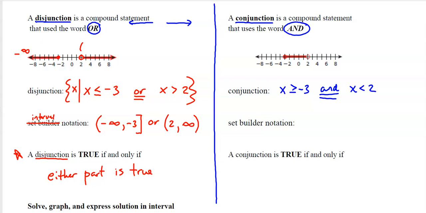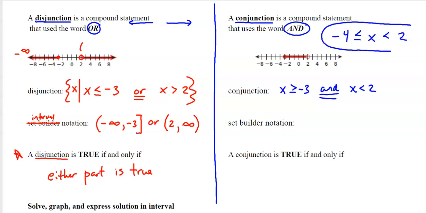So it's almost the opposite of the one on the left. When you have the word and in there, you can shorten it, because you're saying that x is between -3 and 2. It's got to be greater than or equal to -3, but less than 2.